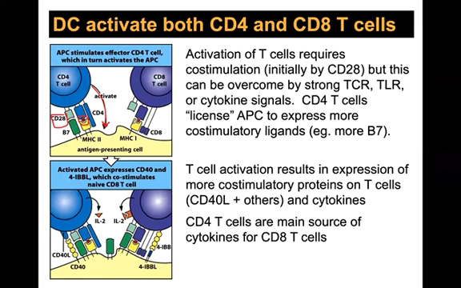So it's reciprocal. What happens is that the antigen presenting cell will now upregulate costimulatory proteins. This is called licensing, where CD4 T cells license antigen presenting cells to go ahead and activate as many CD8 T cells as possible.